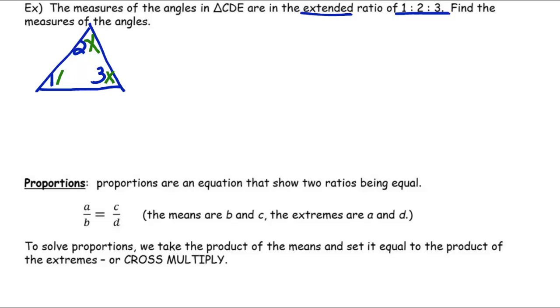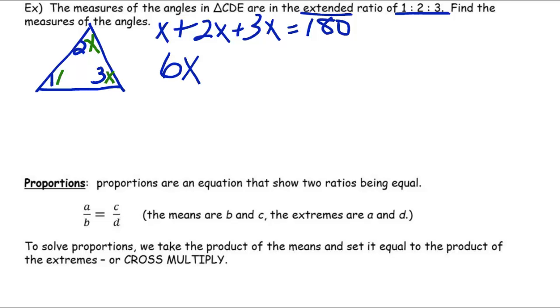All right, and so we know that the 3 angles in a triangle add up to 180. So I'm going to get 1x plus 2x plus 3x equals 180 degrees. So when we add all of those together, I'm going to get 6x equals 180. All right, and so that's going to make x equal to 30.